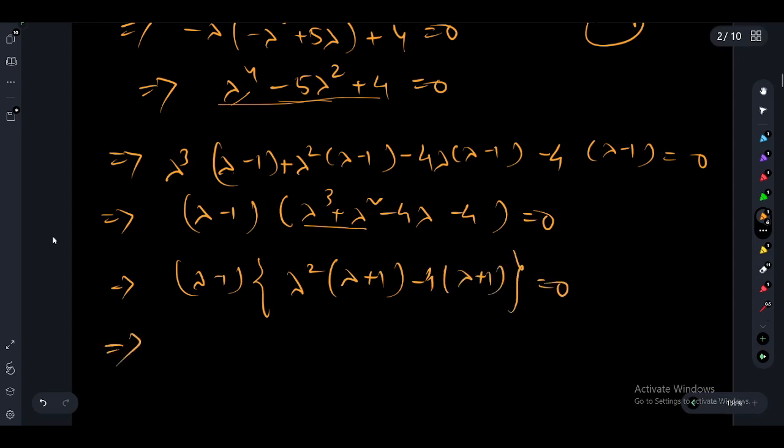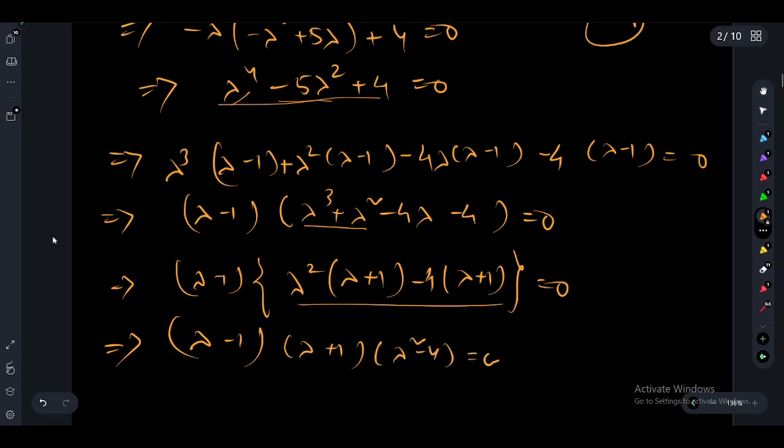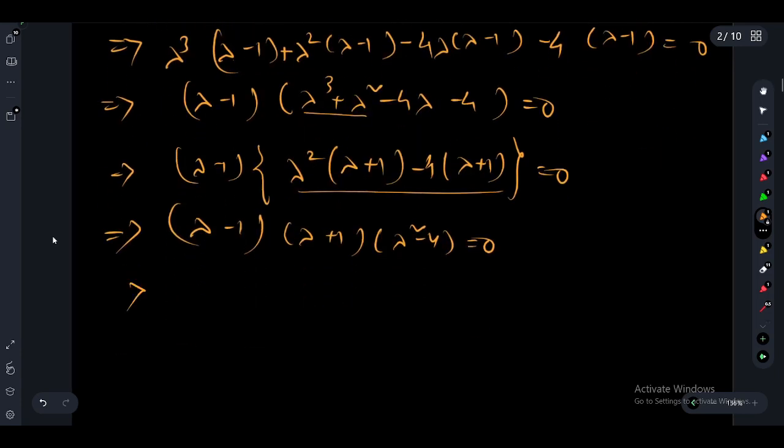If we factor out lambda plus 1, we have lambda plus 1 into lambda square minus 4. This implies that lambda equals 1, minus 1, 2, minus 2, so the eigenvalues of the matrix are 1, minus 1, 2, minus 2.